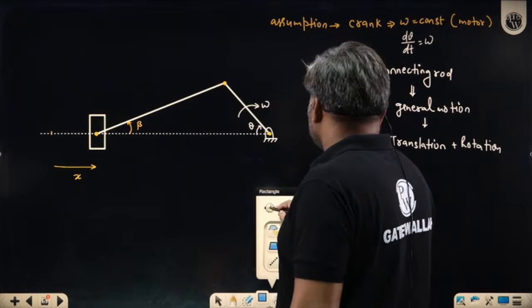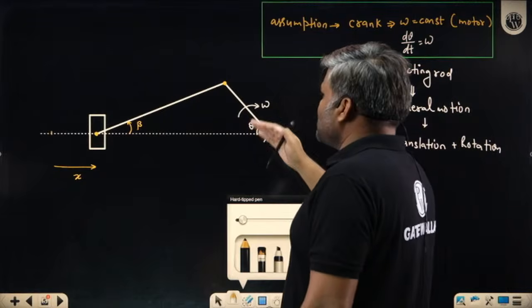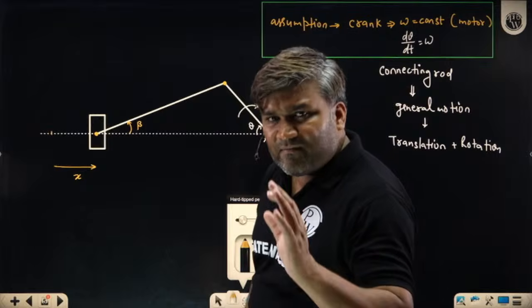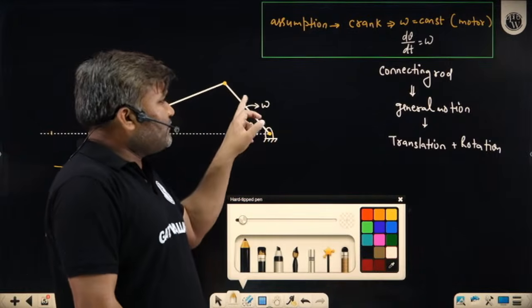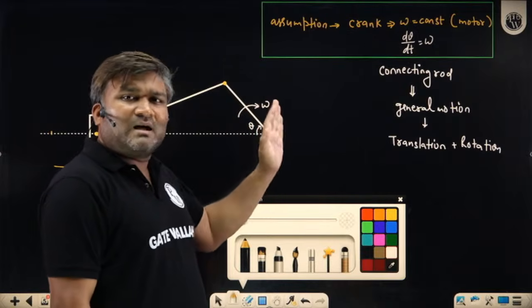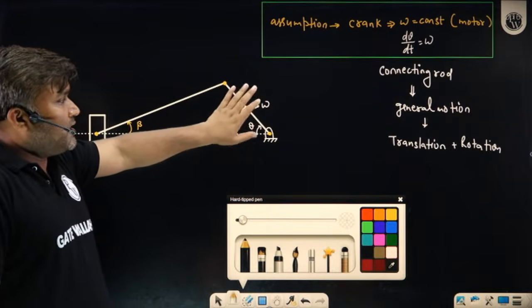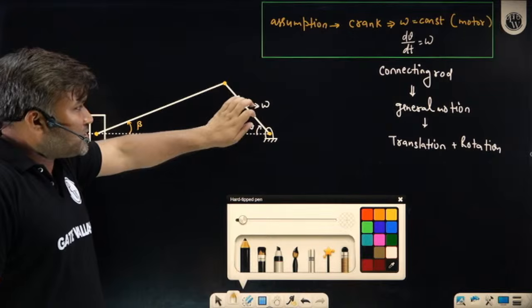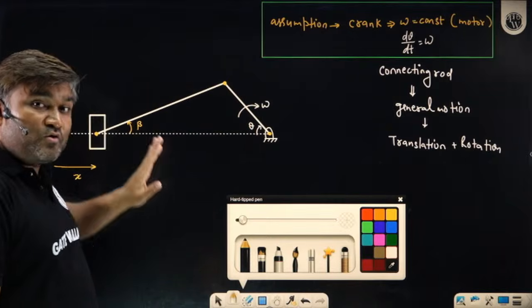How can I say this? Arey, this is rotating with constant omega. Velocity I have given, motor I have attached. So I know this omega, and with this omega at different points of time I know what my theta will be. This motion I know. Because of this motion, what will be the motion of this connecting rod and what will be the motion of this piston? I want to explore this.